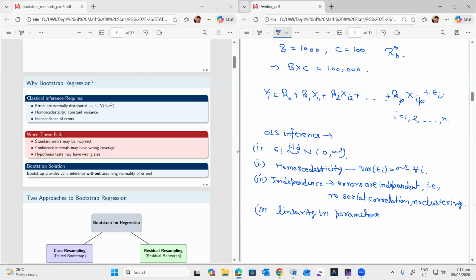So under these assumptions, we get the exact finite sample distribution for ordinary least square estimates, like the t-test or exact confidence interval, and we can get asymptotic normality. That is the thing in linear regression, right?